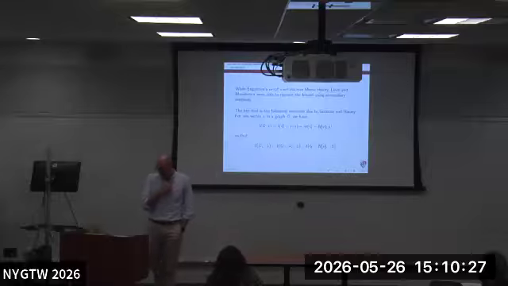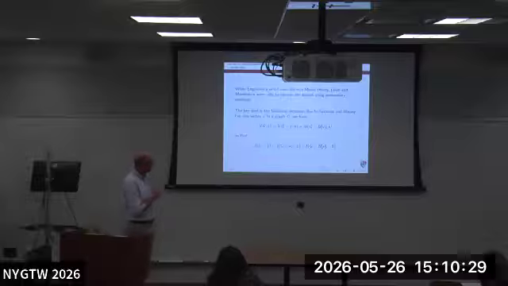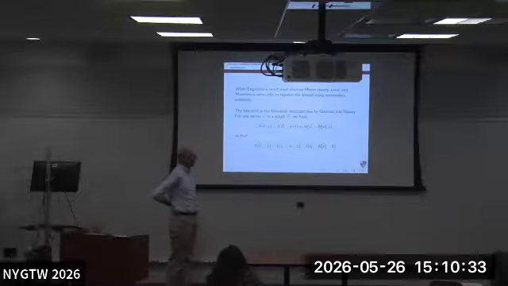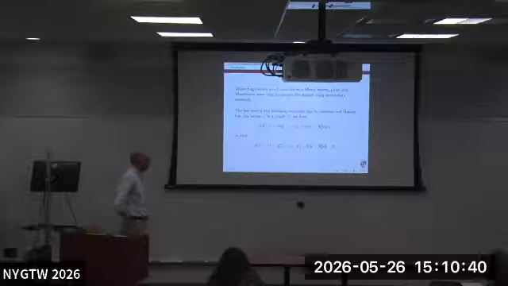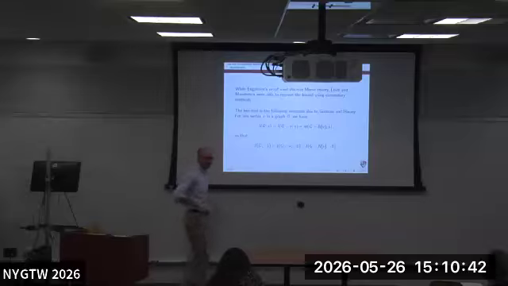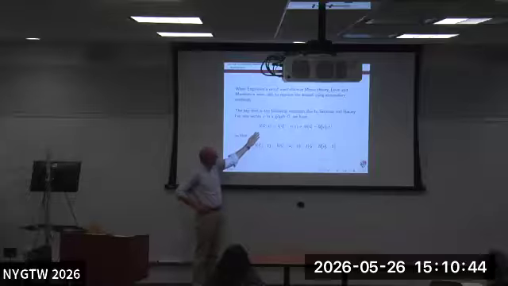The key tool is a recursion that's due to Gutman and Harary, from years ago. They showed that the independence polynomial has this recursion, which is not hard to show. You take any vertex v in your graph.